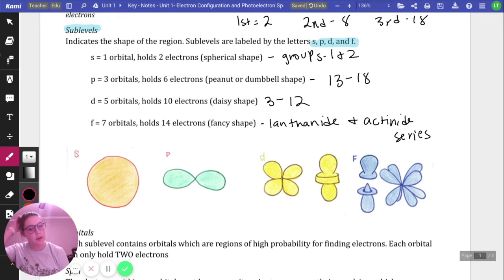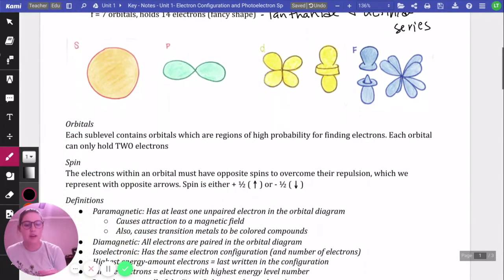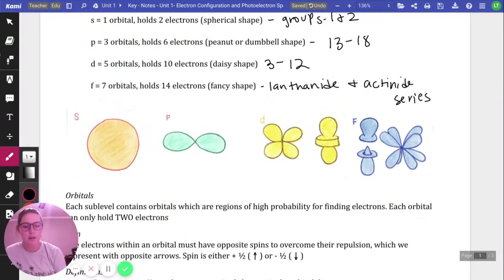So there are our sublevels. There are pictures of what our sublevels look like: S is spherical, P is that peanut shape, D looks like a flower, and F is just a funky, weird shape.